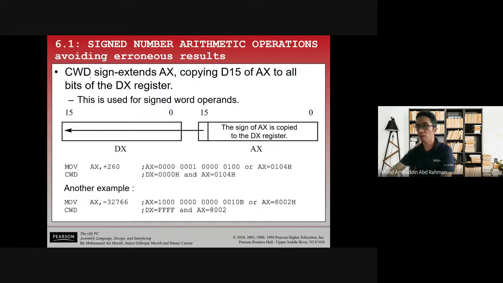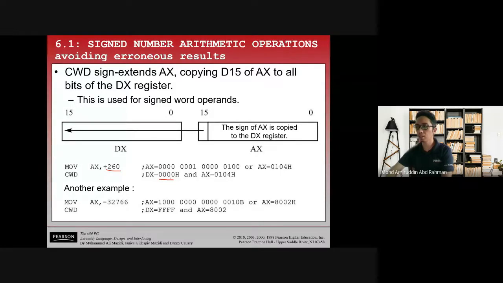Okay, so that one is for byte to word, CBW. Now word to double word. It works between two 16-bit registers, for example AX to DX. Say you have an AX number that is plus 260, then DX becomes 0.